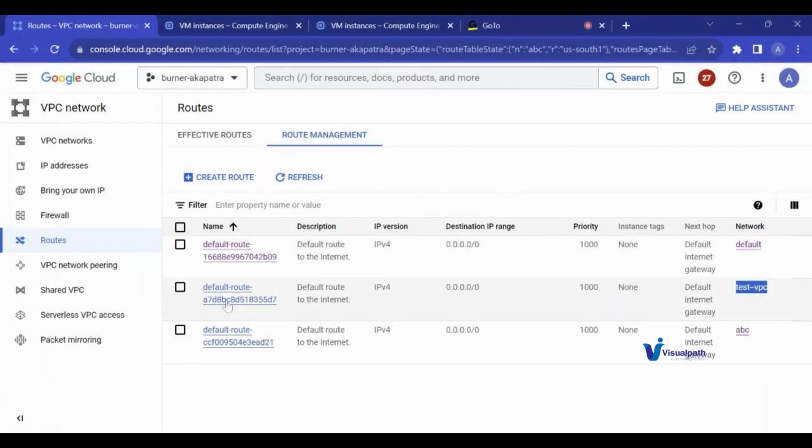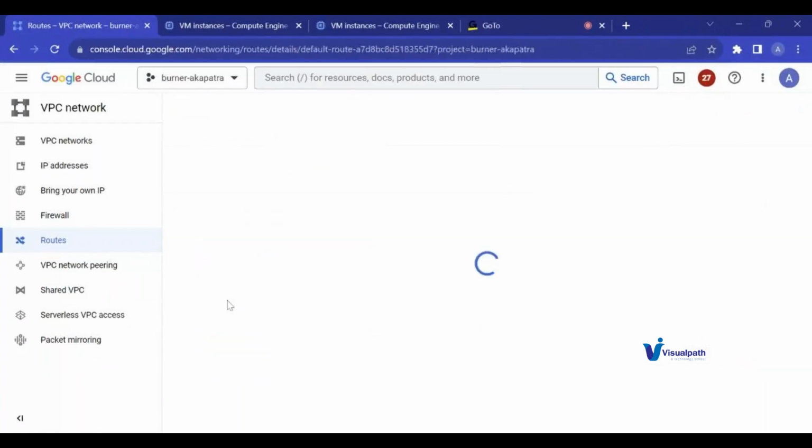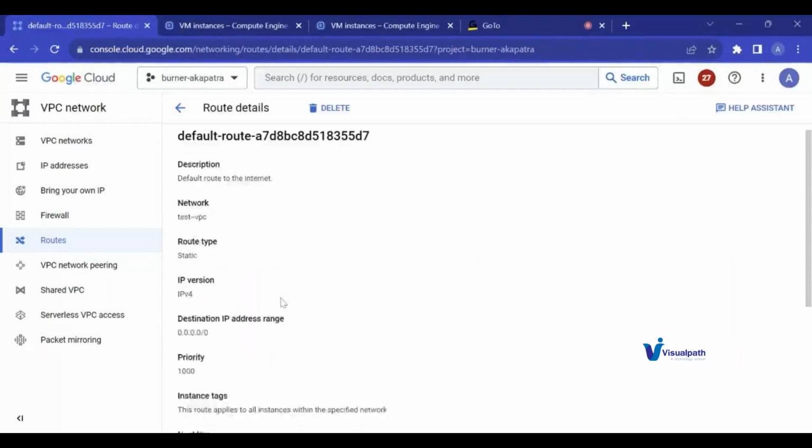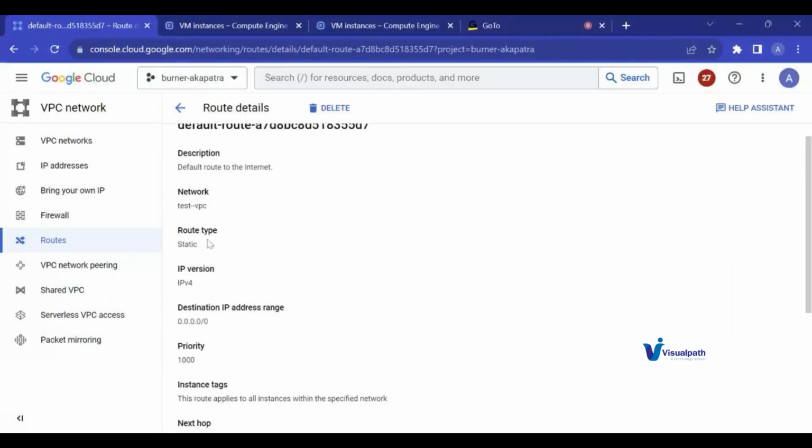If I go into this, it is very self-explanatory, but I want to show you the route type, which we were already seeing with the hybrid cloud. There can be two ways: dynamic and static. Here they are following a static route. Mostly we follow static routes only when we are utilizing our GCP internal infrastructure.